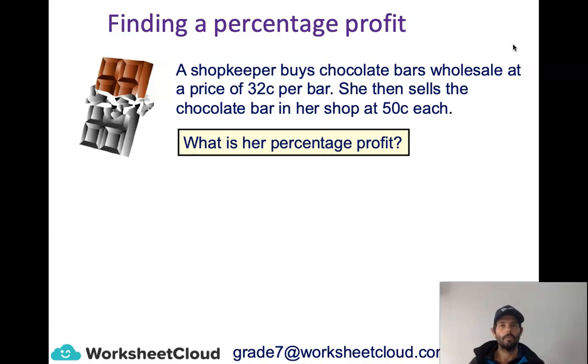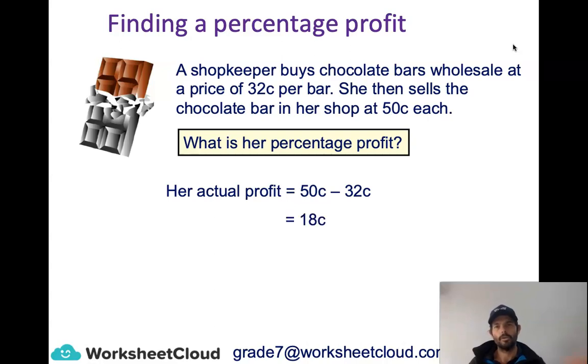So if a shopkeeper buys chocolate bars at wholesale at a price of 32 cents per bar, really cheap chocolate, then she sells the chocolate bar in her shop at 50 cents each. So what is her percentage profit? That's the same thing again. I need to figure out what is the actual increase. So her actual profit is 18 cents.